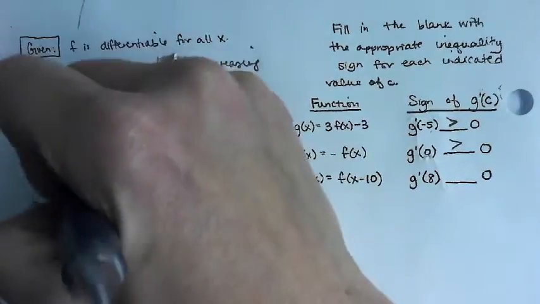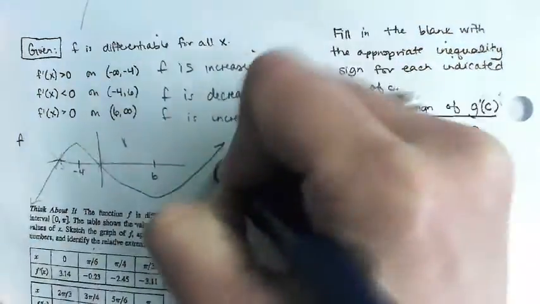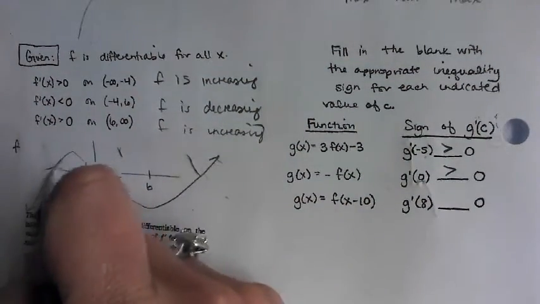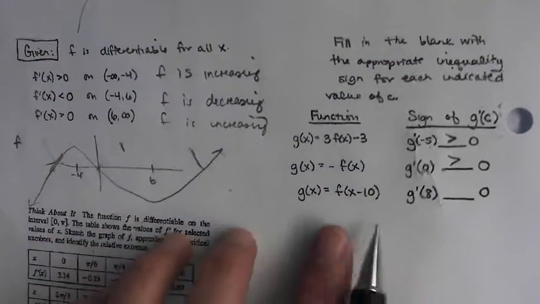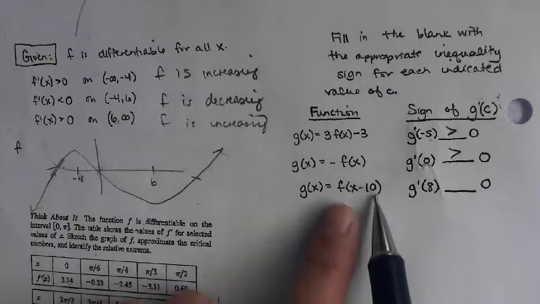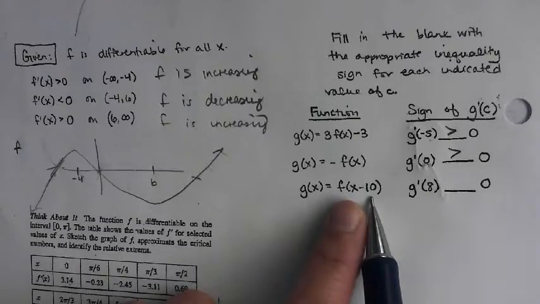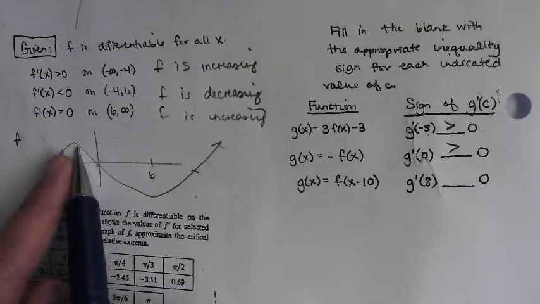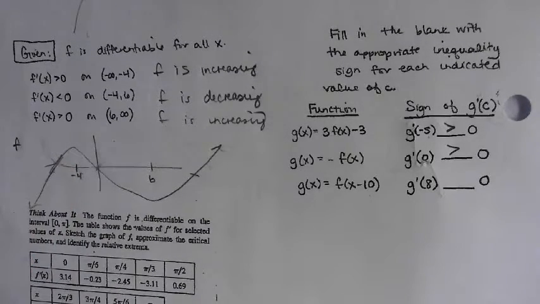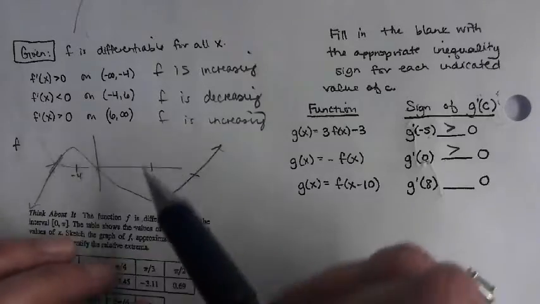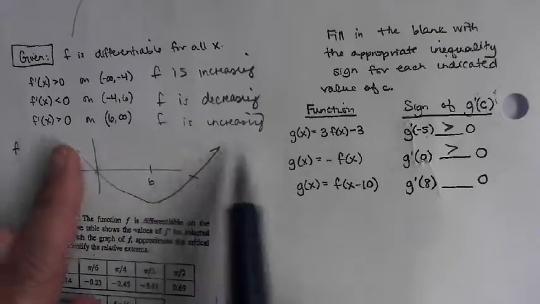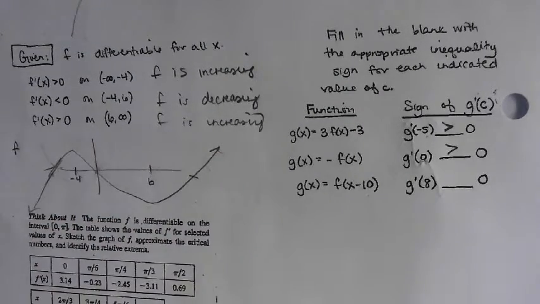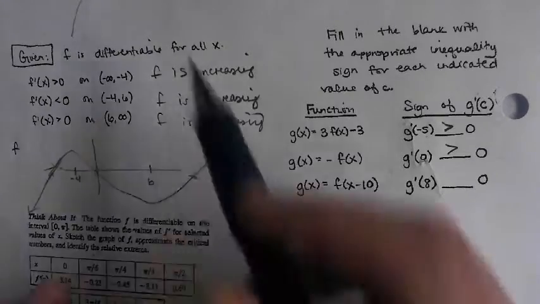And then a horizontal movement, and you can sketch pictures of your new graph like I just did in that last one. We're shifting it right 10 units. So this relative maximum that was at -4 is now going to be where? If we shift this graph right 10 units. 6, right?